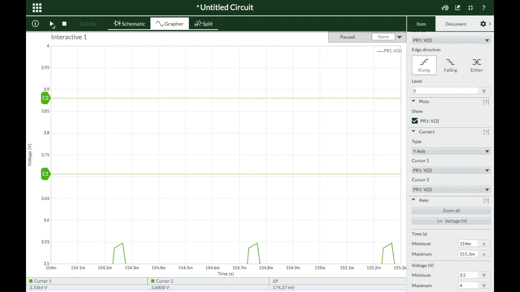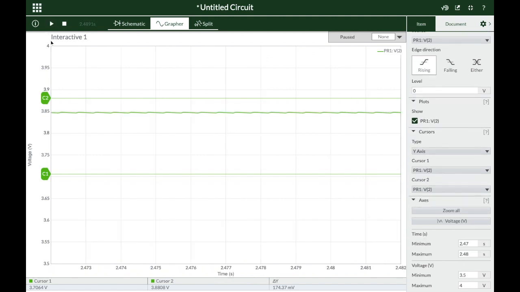Let us run the simulation and observe the output. Can you see it? It is still too small to observe. So we will raise the minimum voltage to 3.8 and we will bring the maximum voltage down to 3.9.